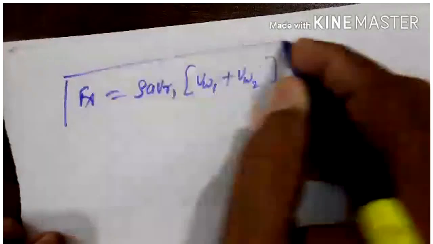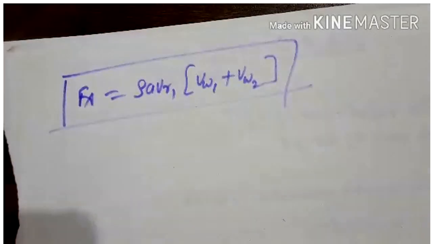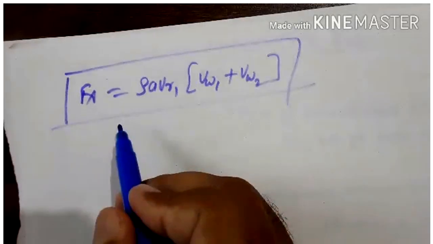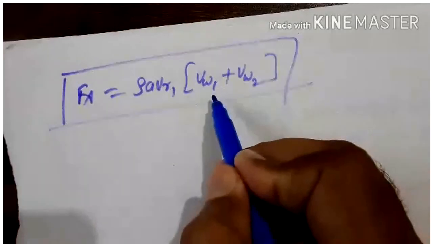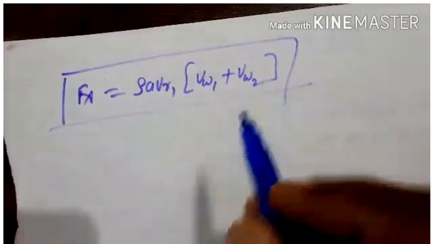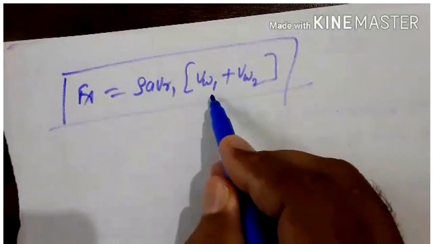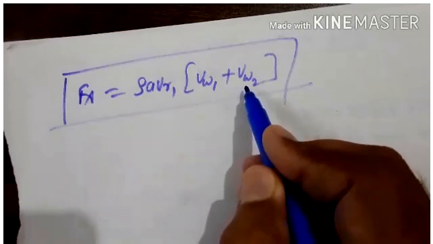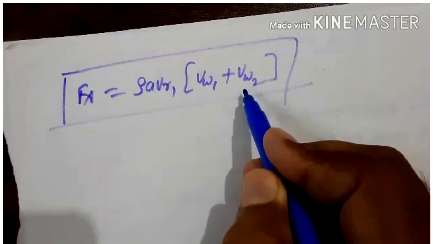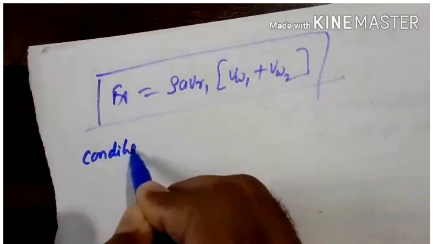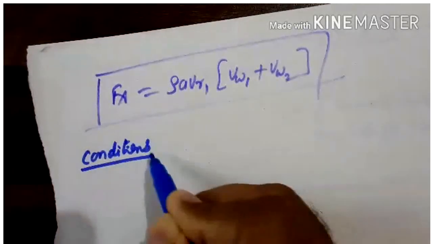This is the equation we get, the force in the x direction. VW1 is the whirl velocity at inlet and VW2 is the whirl velocity at outlet.